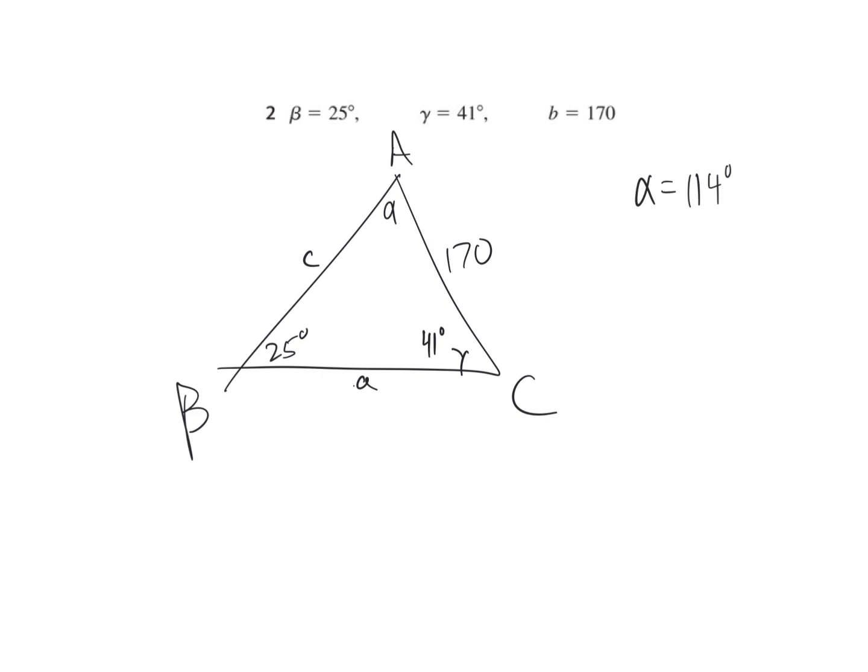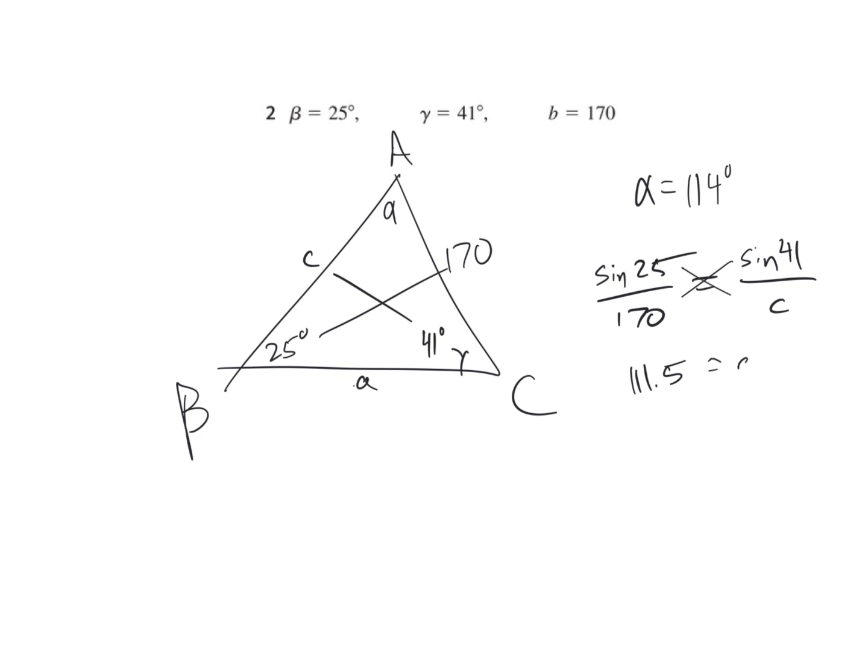And we're just going to start by doing the basic stuff before we go into double angles. All right, so now let's just do our law of sines here. So the sine of 25 over 170 is equal to the sine of 41 over c, and then we cross multiply here. Okay, so we take 170 times the sine of 41, and we get 111.5.